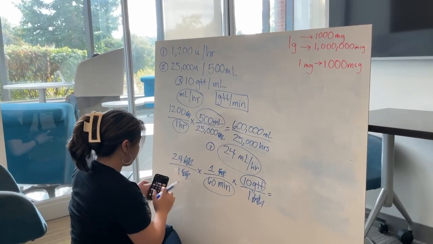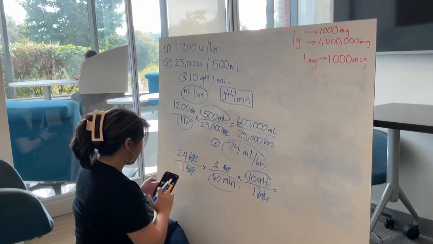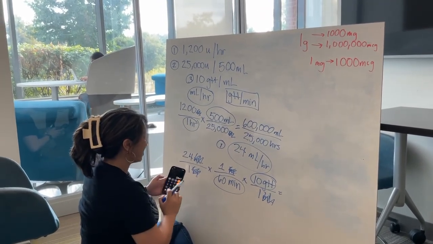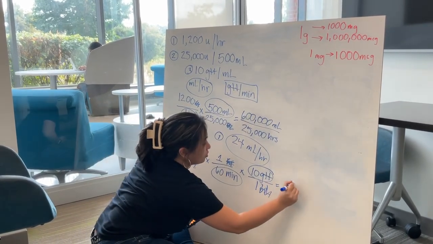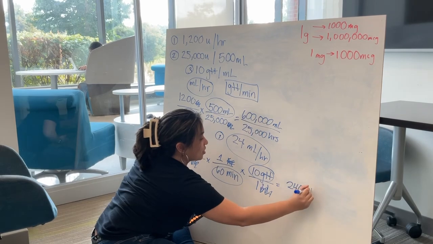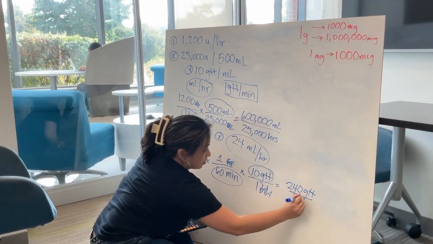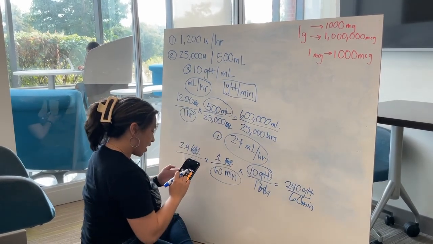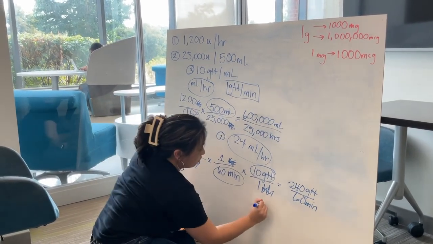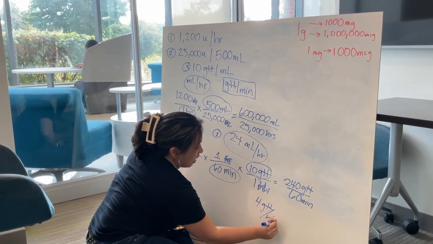So 24 times 1 times 10. That is 240 drops, and then over 60 minutes. So if we divide that, it will be 4 drops per minute. Ta-da!